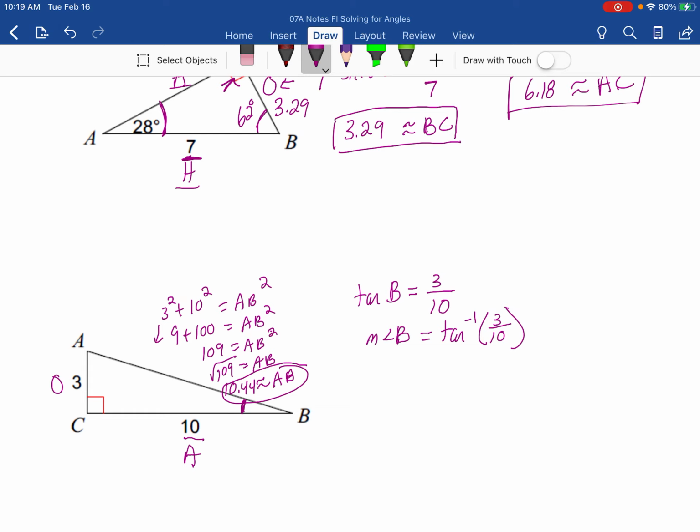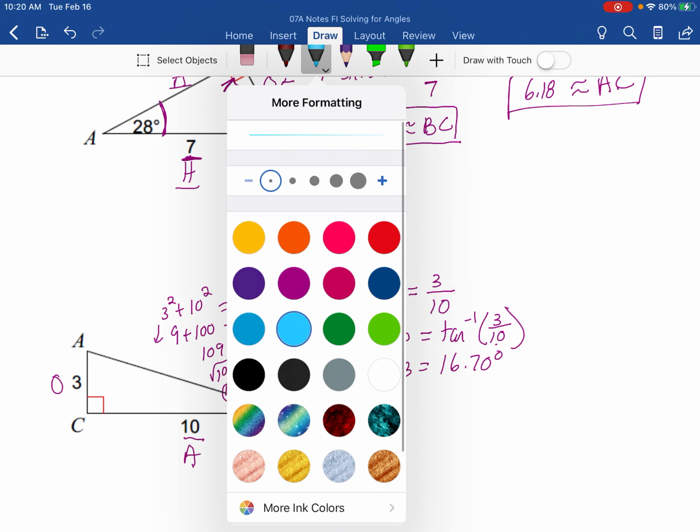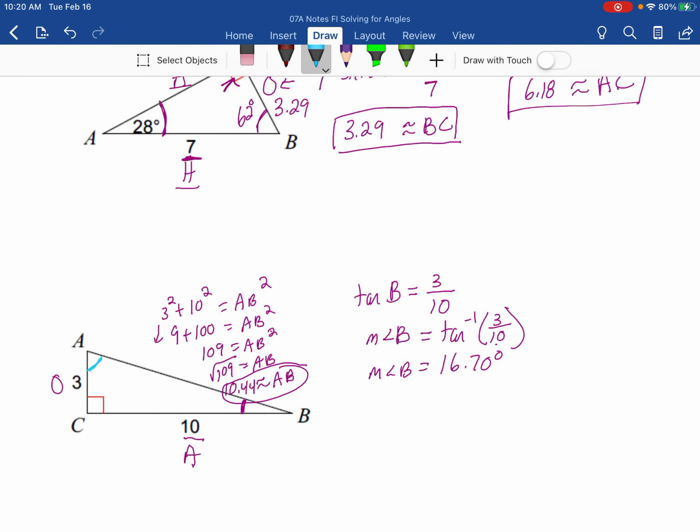So the measure, and this is one that we haven't done before because we keep using theta, so the measure of angle B is going to be the inverse tangent of 3 over 10. In other words, if this is the ratio, then I can find my angle. And so the measure of angle B is equal to 16.70 degrees.